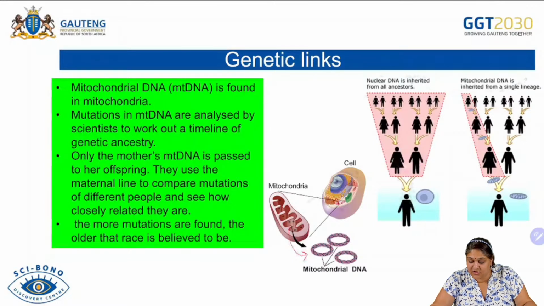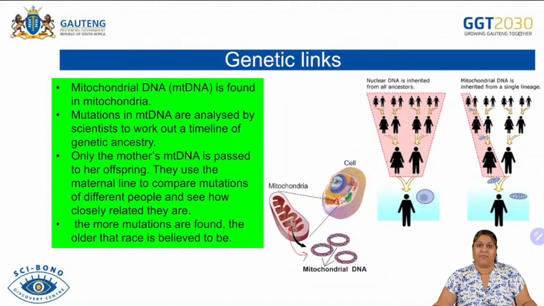But mitochondrial DNA is inherited from a single lineage. The pink shading is showing us that it's from this female, it's going to go down into the offspring. Then from that female, it's going to go down into the next generation. So that's how mitochondrial DNA is passed down through the maternal lineage.